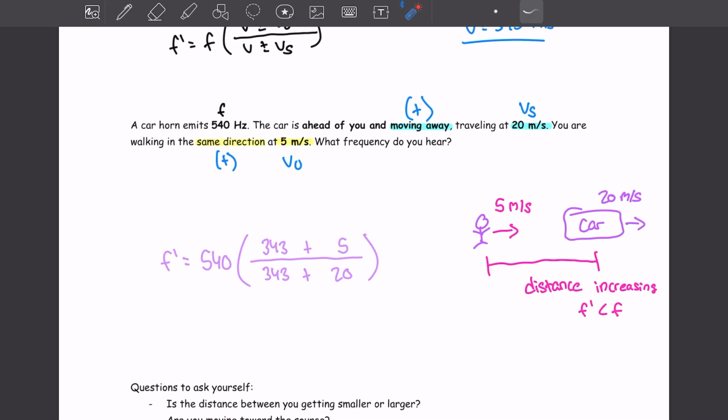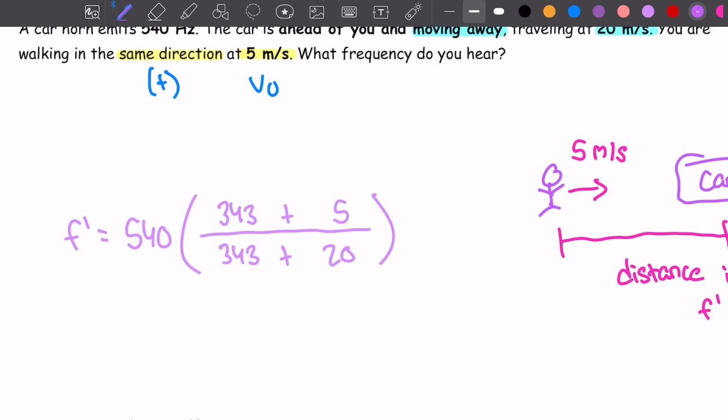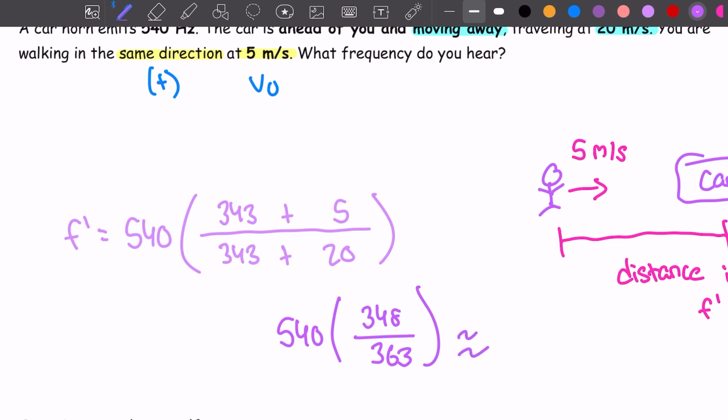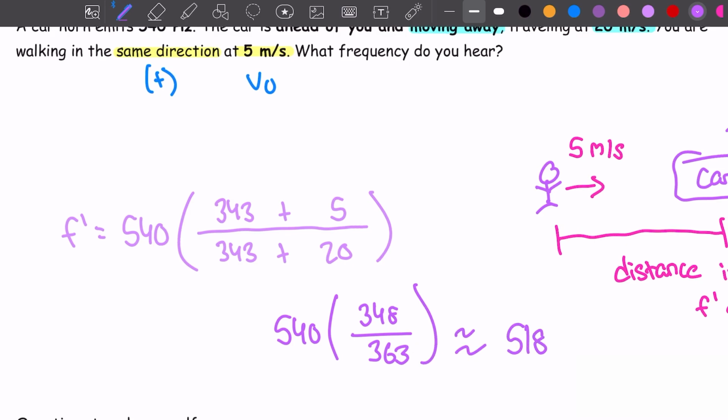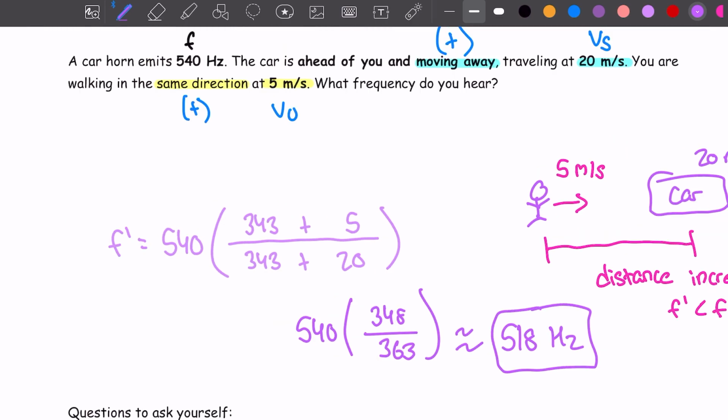We can already tell that the denominator is higher than the numerator, which means that we are going to get a lower observed frequency. And if you rewrite this, you get 540 times 348 over 363. You'd roughly get 518 Hz, which is lower than 540. So that means our prediction is correct, and we picked the correct signs.